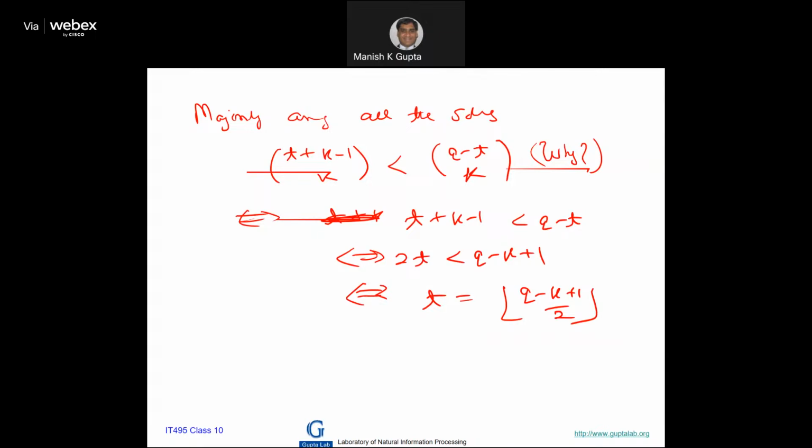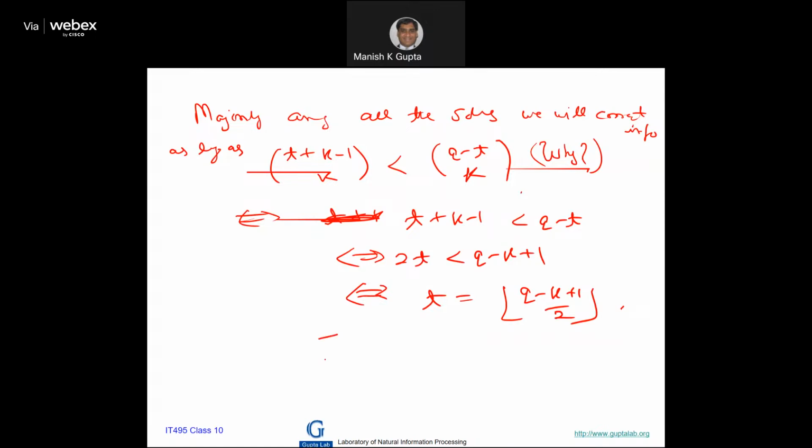So if you use majority opinion among the solutions to all possible linear systems, we will get correct information as long as this quantity is less than Q minus T choose K. And so this gives us T. So we know the value of T.